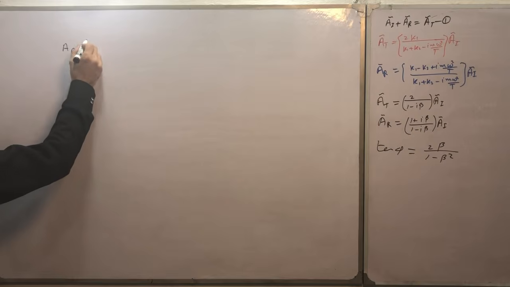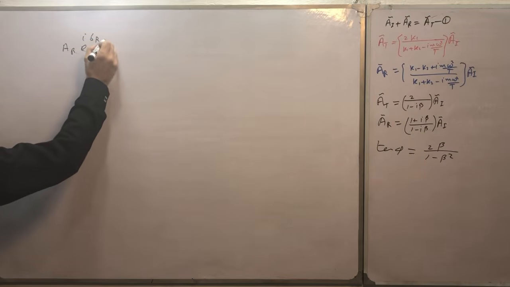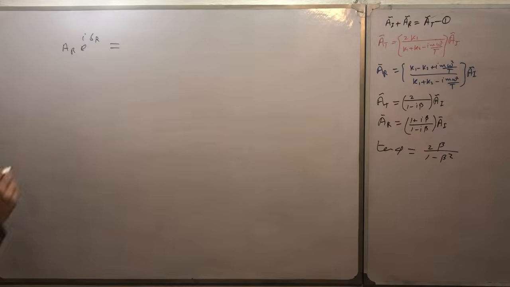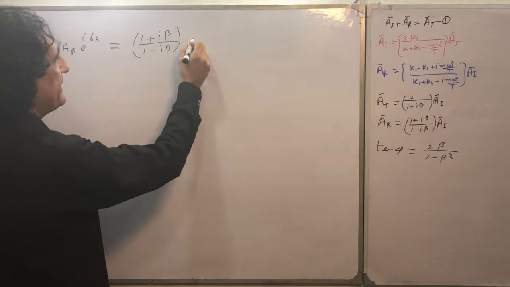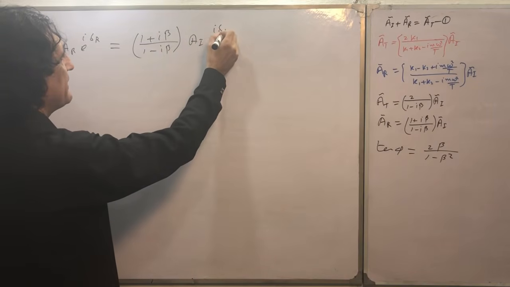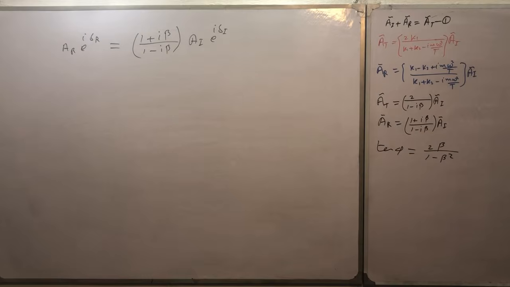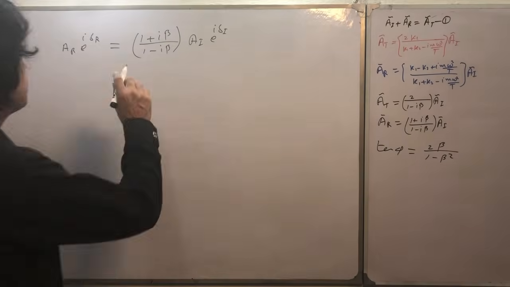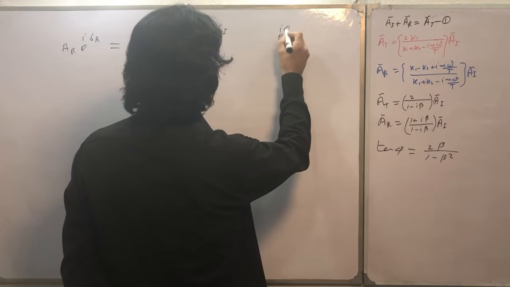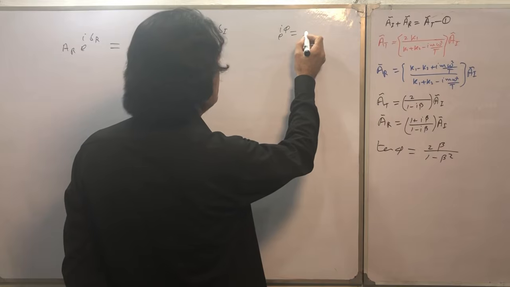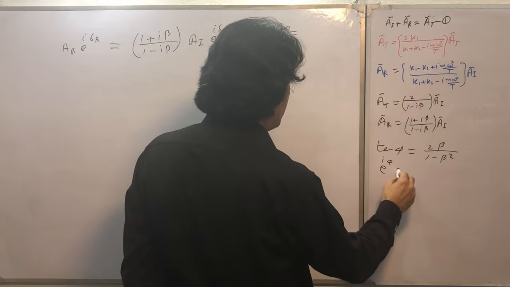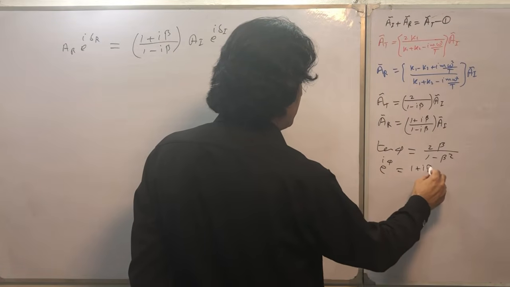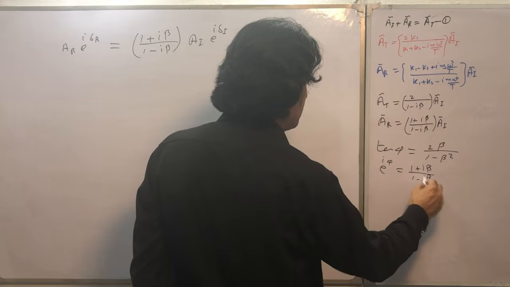AR e to the power iota delta r is equal to 1 plus iota beta over 1 minus iota beta times AI e to the power iota delta I. And last time we found that e to the power iota phi is equal to 1 plus iota beta over 1 minus iota beta.